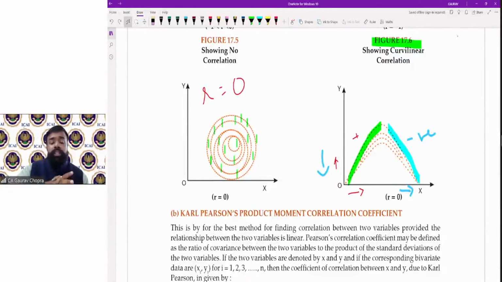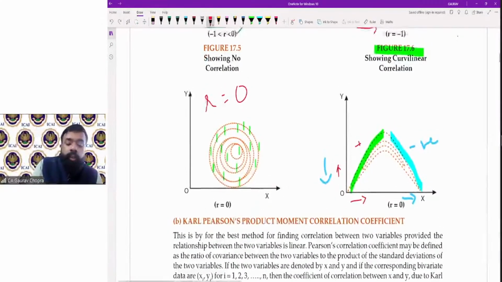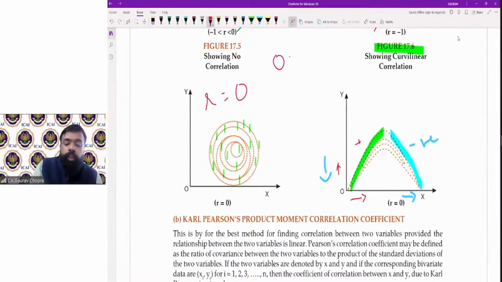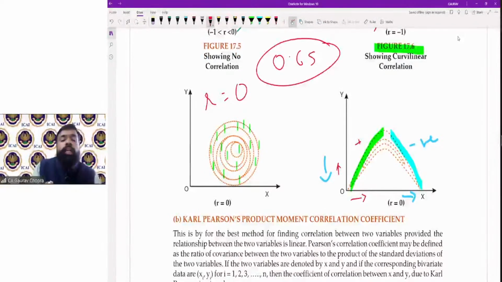The main drawback is we can simply get an idea. हमको सिर्फ एक rough idea लगता है कि value क्या हो सकती है, but we are unable to find the exact figure. अगर हमें exactly पता लगाना है कि correlation कितना है, तो हम नहीं पता लगा सकते. सिर्फ इतना हमें पता चलेगा कि positive है या negative है, zero है, +1, -1, that's it. Exactly हम find नहीं कर सकते like correlation is 0.63 और 0.65. ऐसा कोई correlation की value हम यहाँ calculate नहीं कर सकते. तो this is the drawback of scatter diagram.